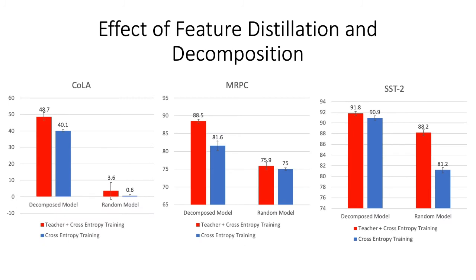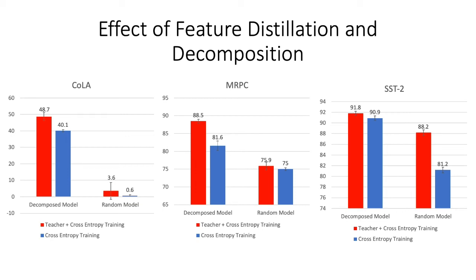In this experiment, we tested the effect of feature distillation and the effect of the decomposition. We conducted this experiment on 3 tasks from the GLUE benchmark data. Left bars show models initialized using an SVD decomposition. Right bars show models initialized randomly. Red bars show models trained with a teacher, and blue bars show models trained without a teacher.